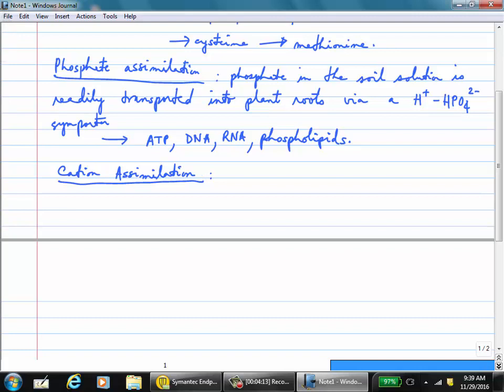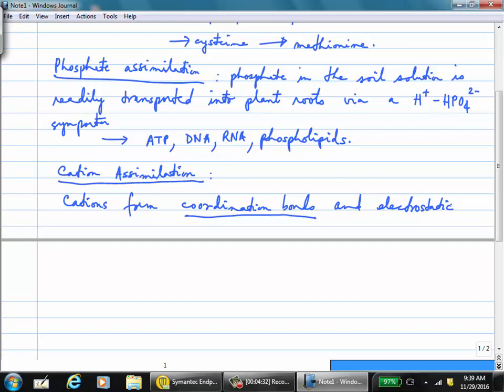So cations form coordination bonds and electrostatic bonds with carbon compounds.